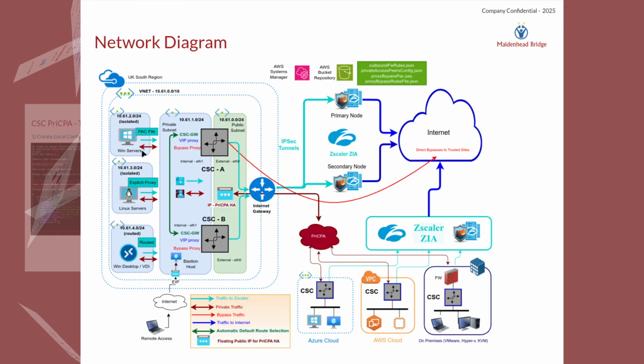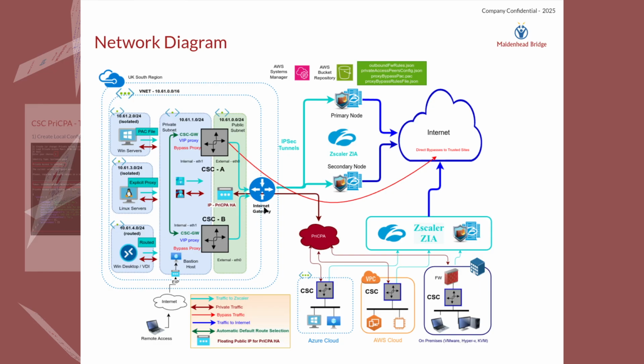Then these 2 are isolated from the point of view of outbound internet access. There is no default route to the internet. They will use explicit proxy and a PAC file for going to Zscaler. In another video we're going to explain this, but now let's focus on private access on these lines, and let's configure this to allow my user, for example my PC here, to get access to these 3 resources.